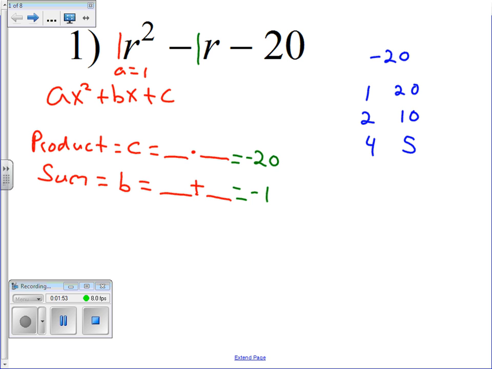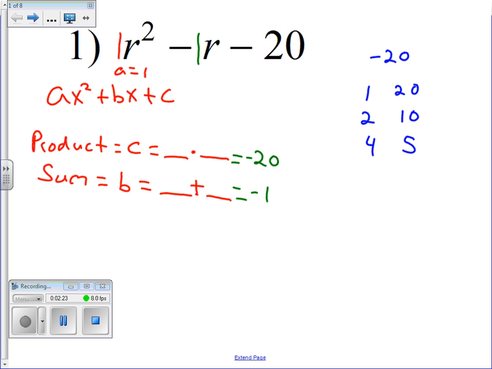We're looking for two numbers that add to give negative 1. For 20 and 1, the sum and difference are 21 and 19. For 2 and 10, 12 and 8. For 4 and 5, 9 and 1.